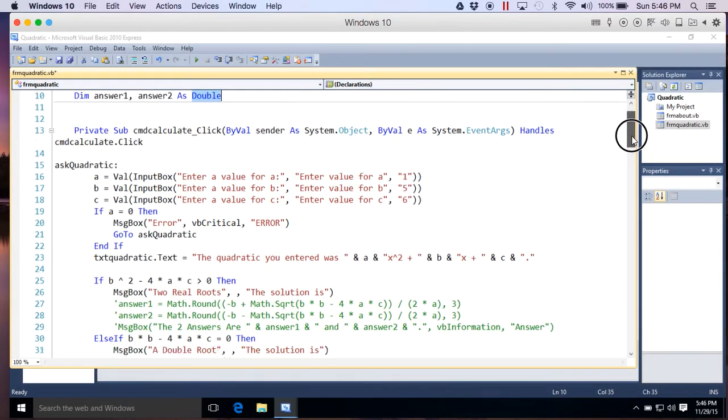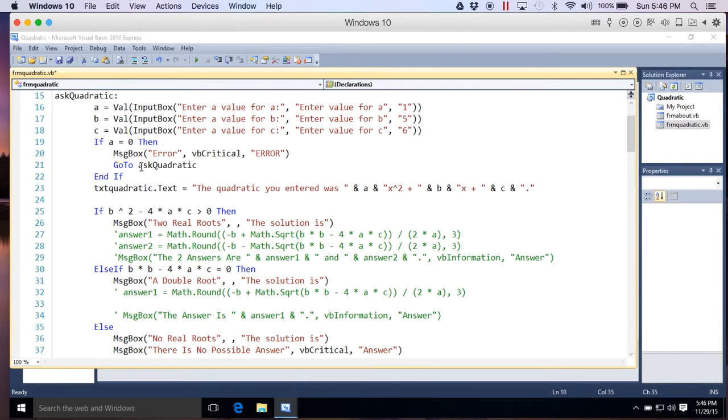Now as I scroll down, let's take this first If statement and uncomment that. If b squared minus 4ac is greater than 0, basically if it's positive, you're going to have two answers. So here is the quadratic. Answer1 equals Math.Round. I'm going to have to round it.